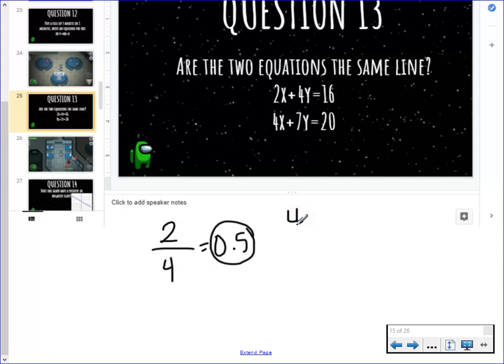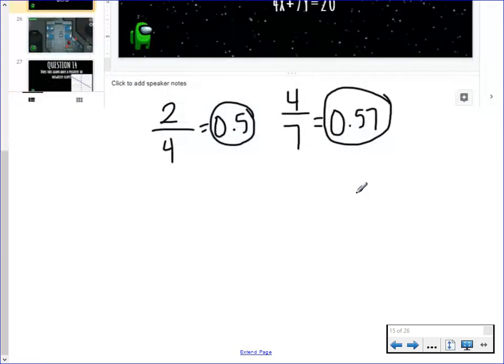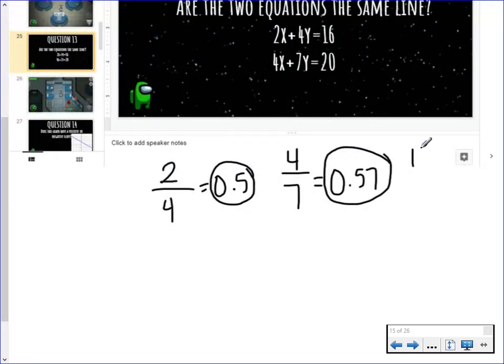My first y is a 4, my second y is a 7, and 4 divided by 7 is 0.57. So are those two numbers the same? If they are the same, you keep going and you try the third one, 16 divided by 20. But if they're not the same, you know that that's not the same line. So automatically, since 0.5 and 0.57 are not the same, they're different lines. So the answer is no.